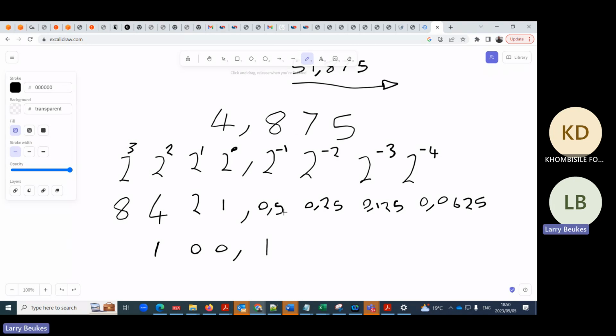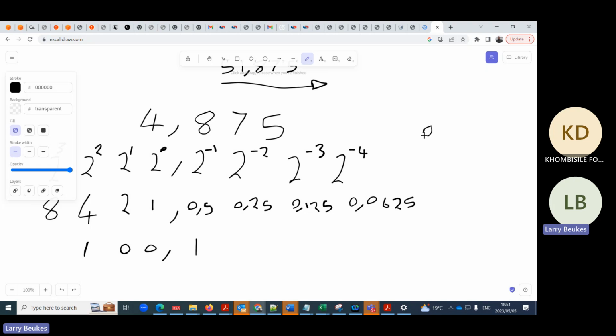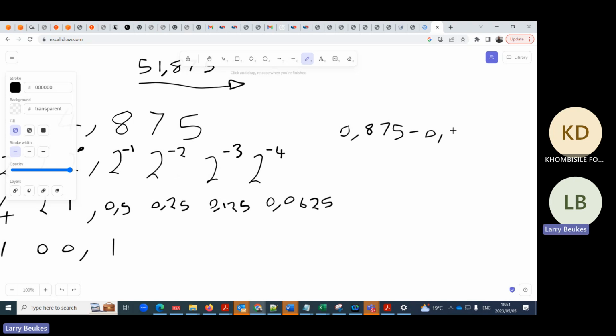So 0.875 minus 0.5, which is the first bit, is equal to 0.375.